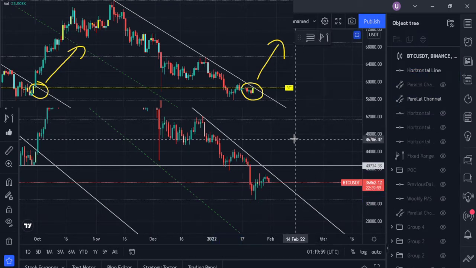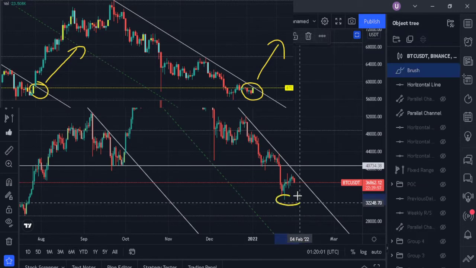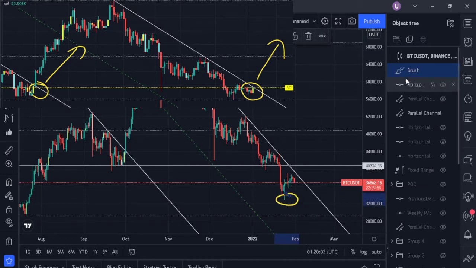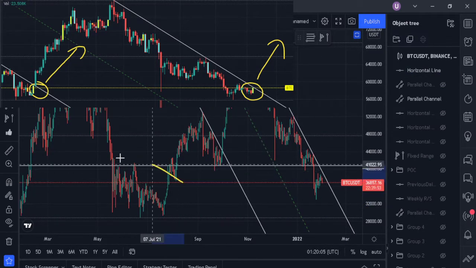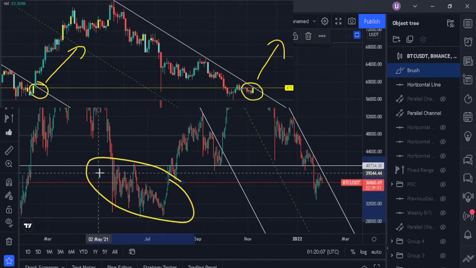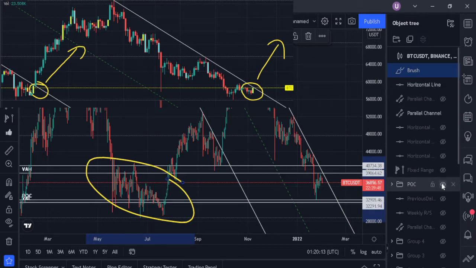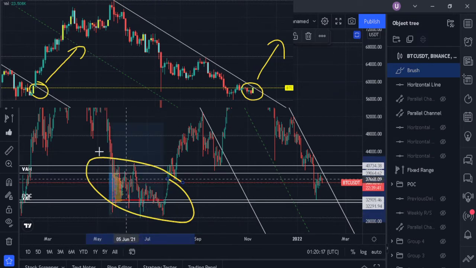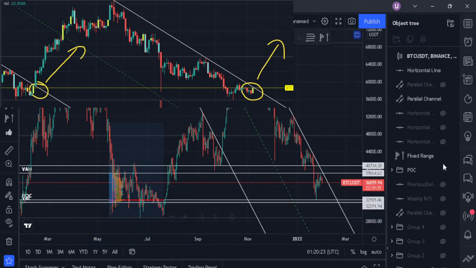So, next you're gonna ask me, why did we bounce around this area? Very simple. If we measure the previous lows, that price range with the fixed range volume, and we mark our highs and lows of the fixed range that we measured around this area, what do you see?